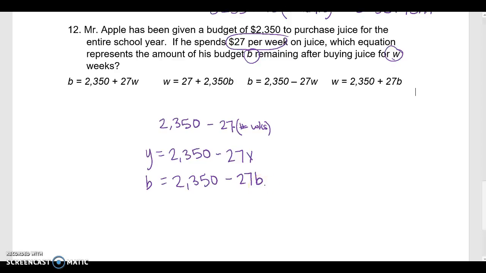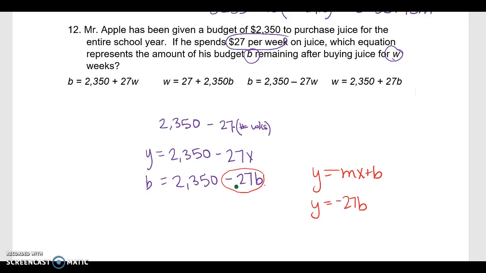Okay, so knowing that, can we change it into Y equals MX plus B form? So this has something that we're multiplying, right? So I'm going to keep my Y equals. So we're doing 27B. Okay, got that. Now I need something here with this 2,350.